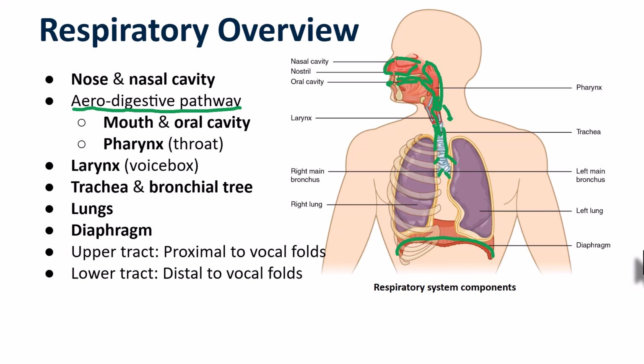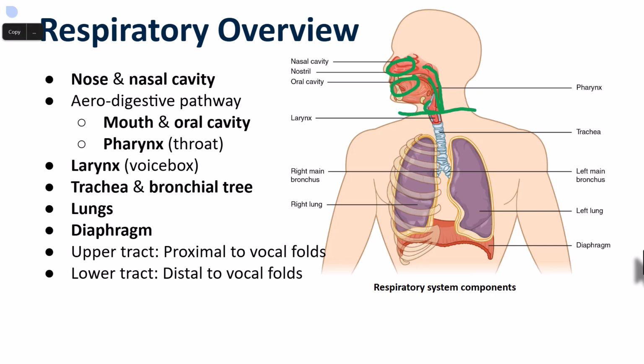Now, clinically, we can look at the respiratory system through the lens of you have an upper tract and a lower tract. And so the upper tract is everything which is proximal to the vocal folds, which I'm drawing in there. So that's going to include the nose and nasal cavity, the mouth and oral cavity, as well as the pharynx, as well as the proximal larynx. All of that is upper.